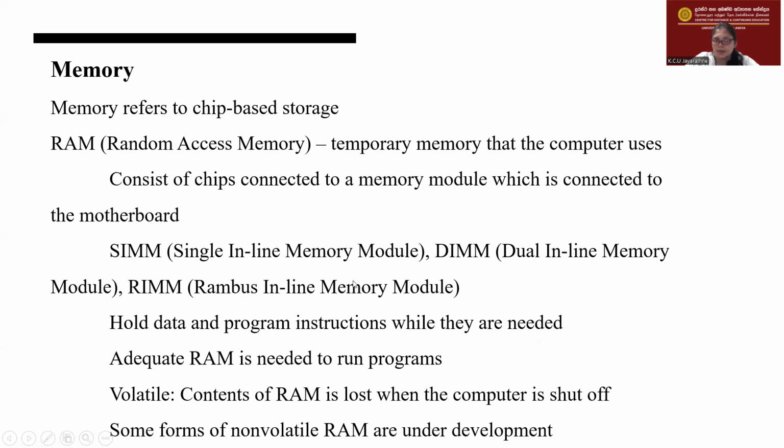In memory, RAM holds data and program instructions while they are needed. RAM is needed to run programs, and it is volatile. The content of RAM is lost when the computer is shut off.